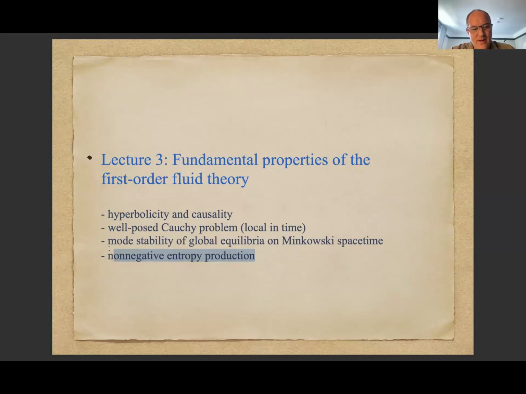Now we have this fluid theory, which is not exactly the Boltzmann equation, but was obtained by a truncated approximation, and so we cannot expect that this truncation will respect this exact non-negative entropy production, and in fact we will see that this is what happens. So I will finish off with some comments regarding this.